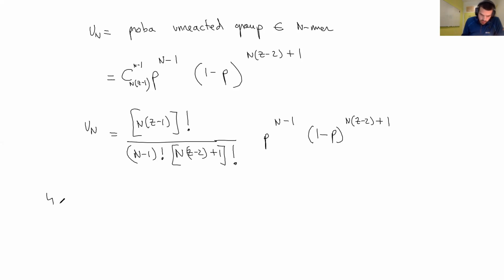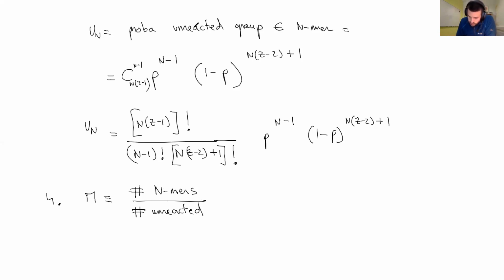Now, I will introduce a quantity that I call M, which is the average number of n-mers per unreacted group. So it's the number of n-mers divided by the number of unreacted groups. Okay, that's the definition. And remember, UN is the probability that an unreacted group that I picked, the orange one, belongs to an n-mer.